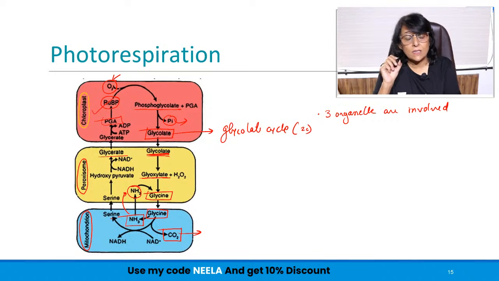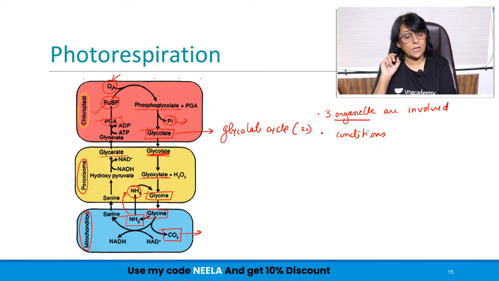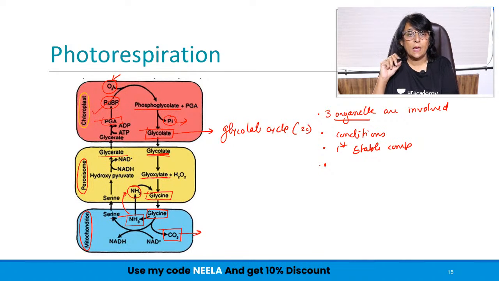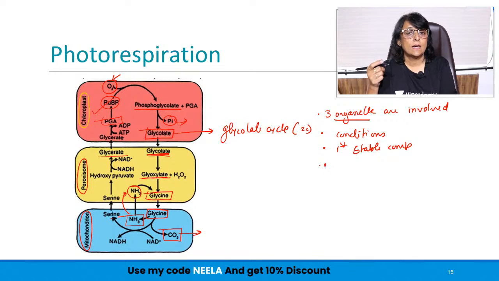The maximum times, the questions which are asked on photorespiration: number 1, which organelles are involved, the conditions when photorespiration takes place, number 2, the first stable compound, and 3, where does ammonia movement take place?